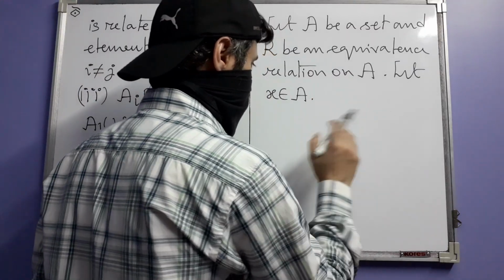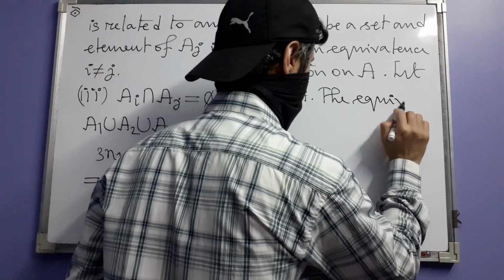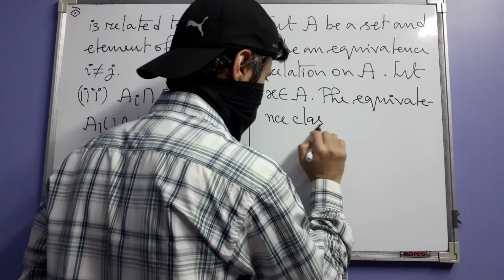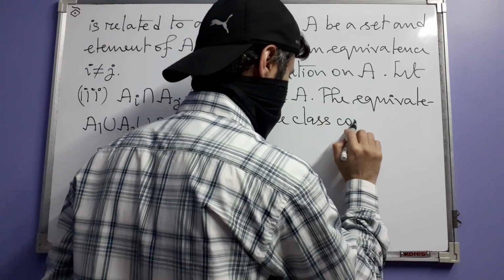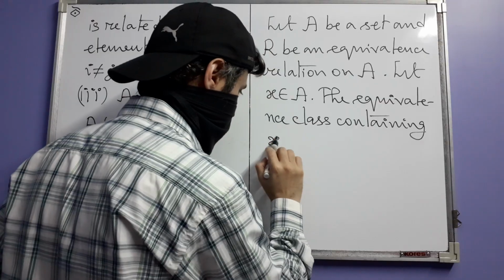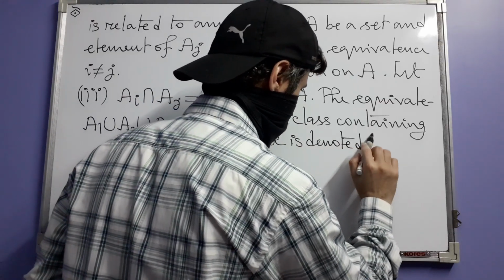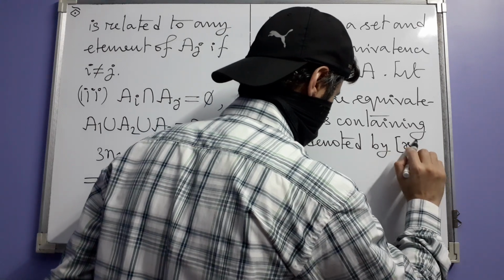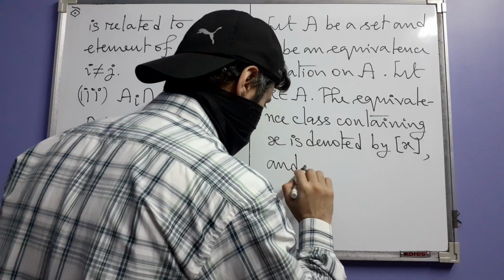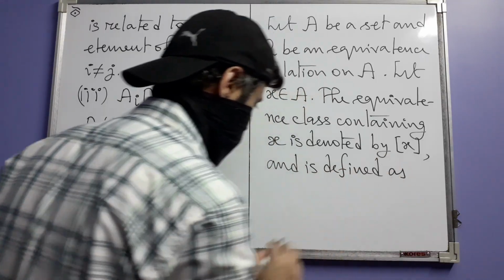We are now going to define something new. The equivalence class containing X is denoted by this notation, and is defined as this.